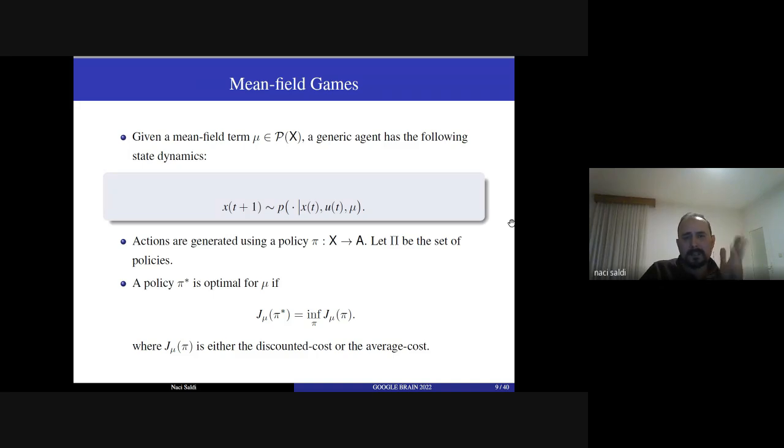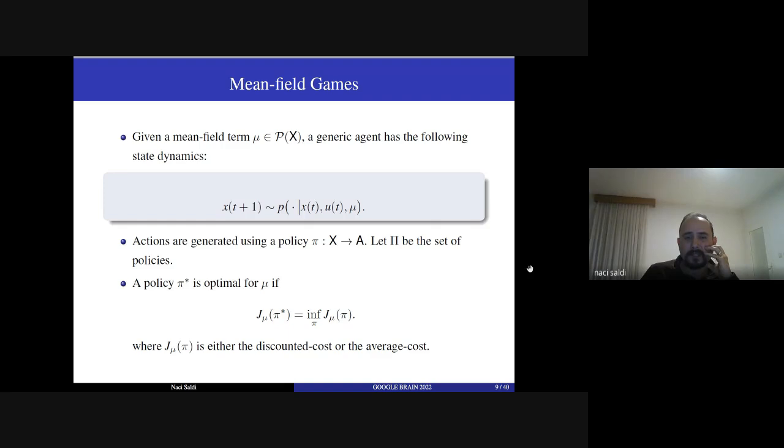Therefore, given any mu, this is the state transition probability of a homogeneous Markov decision process. And since we have a stationary problem, or homogeneous Markov decision problem, we are only using stationary policies to optimize our cost function.